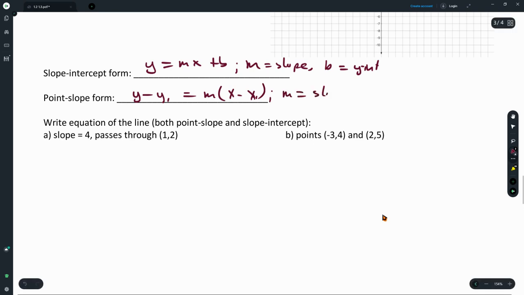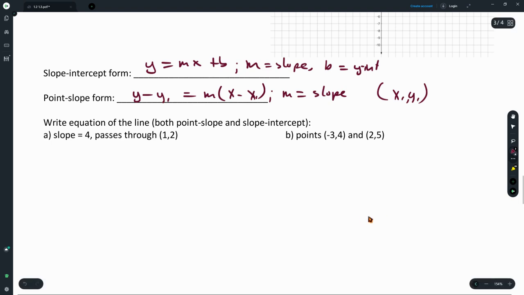M is still the slope, so that's not confusing. And x1 and y1 are the point that you know on that line. X and y, the ones without the subscript, are your actual variables; they are arbitrary. And x1 and y1 are numbers, not variables. We call them x1 and y1 because they're just a particular point on the graph.